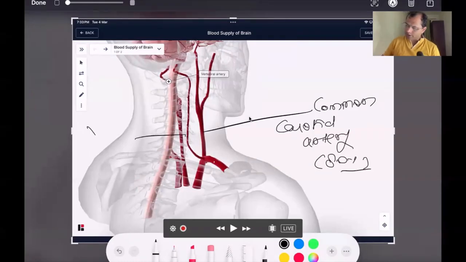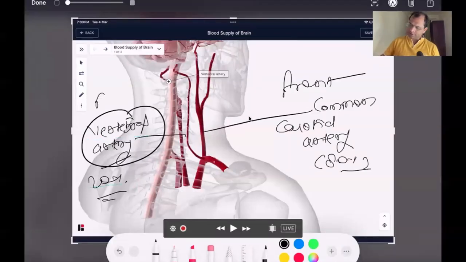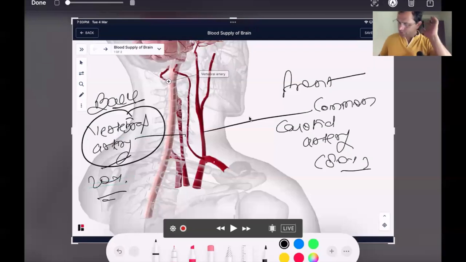And the vertebral artery going toward the brain. Okay. One in the front side, one in the back side. Now they will be going upward. So we can see one is going here and one is going here.